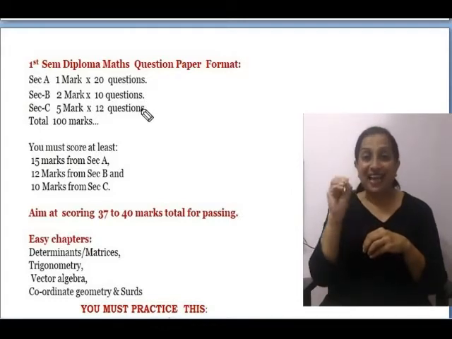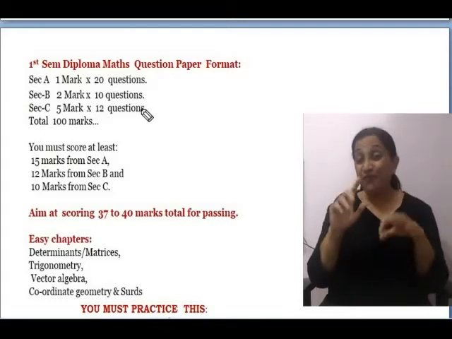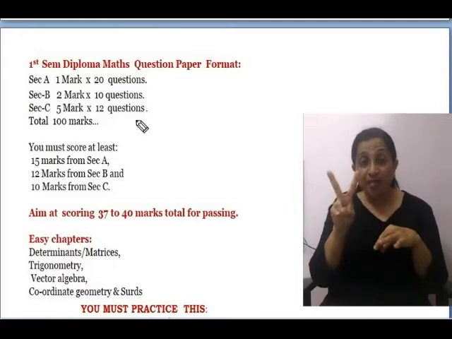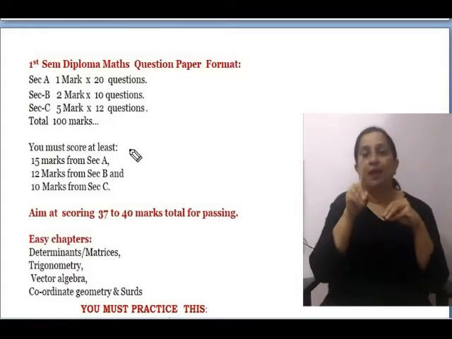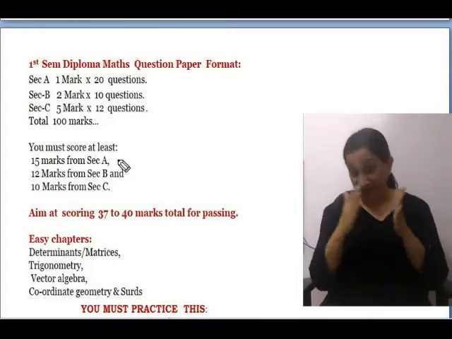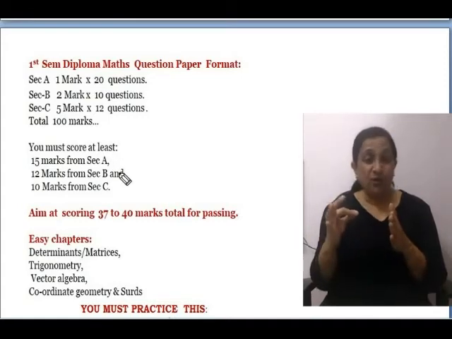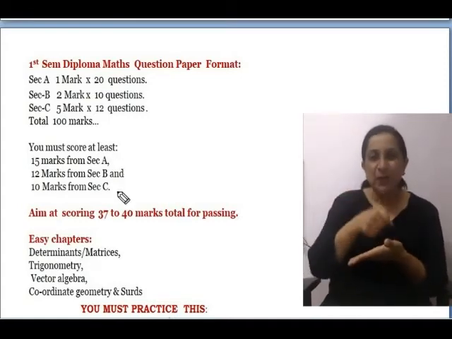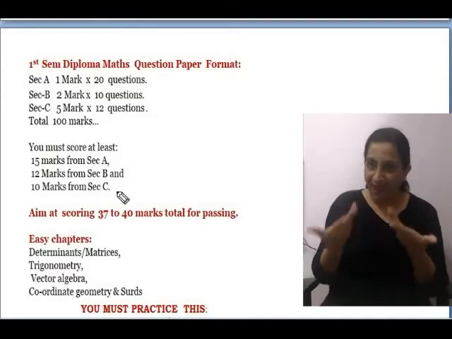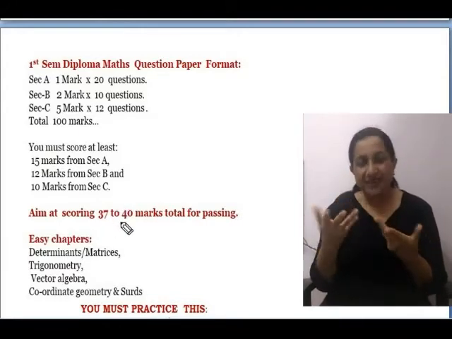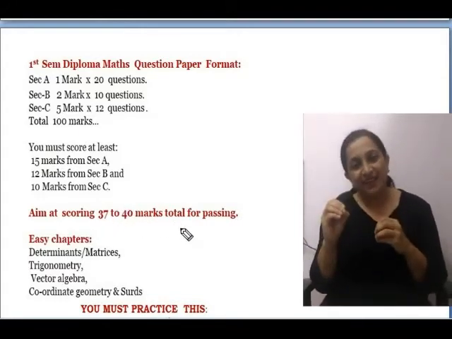Then 12 5-mark questions, total 100. You plan it at least to get 15 marks from section A, 12 marks from section B, 10 marks from section C. On an average, you can score 37 to 40 marks.